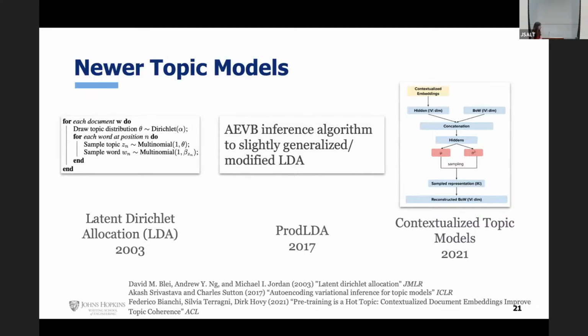Now, even more recently, we're getting into the era of pre-trained language models, and there has been some work that has integrated those models with topic modeling. So taking this original LDA model, but, to your question earlier, now you can concatenate embeddings from a pre-trained language model like BERT to your data. And so you're injecting some information about word order.